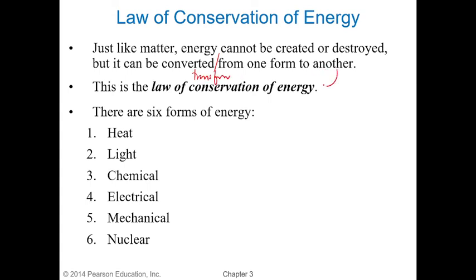And this is the statement of the law of conservation of energy. So, there are 6 forms of energy: heat, light, chemical, electrical, mechanical, nuclear, and so on. Pero these are the 6 basic forms of energy natin.